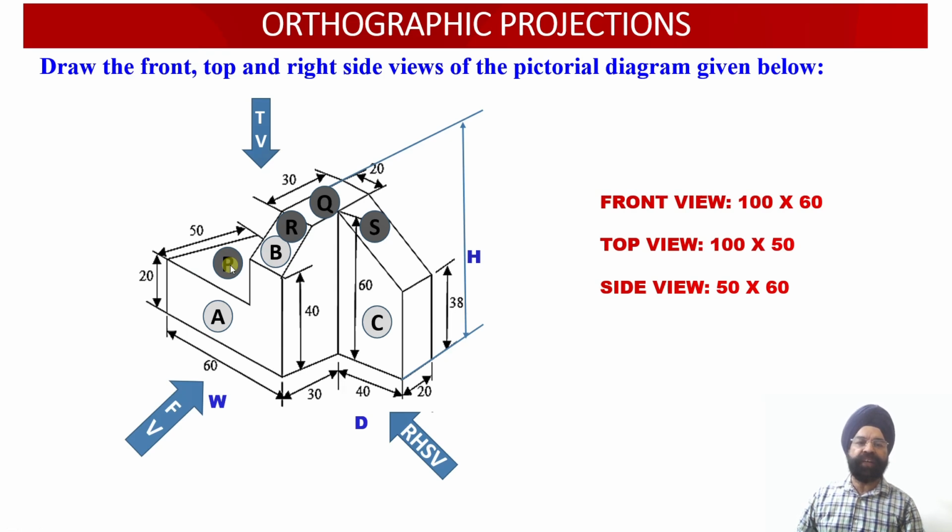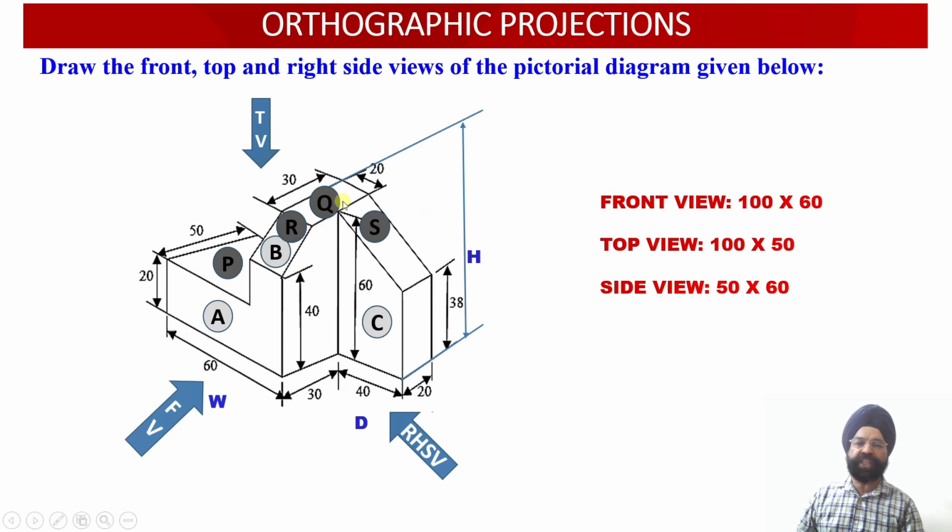Then the second surface is surface R. This is the same surface as B, but now it is being viewed from the top. Since we are viewing this from the top, we have named the surface as surface R over here. The projection of surface R onto the horizontal plane will appear as an apparent shape because this surface R happens to be inclined to the horizontal plane.